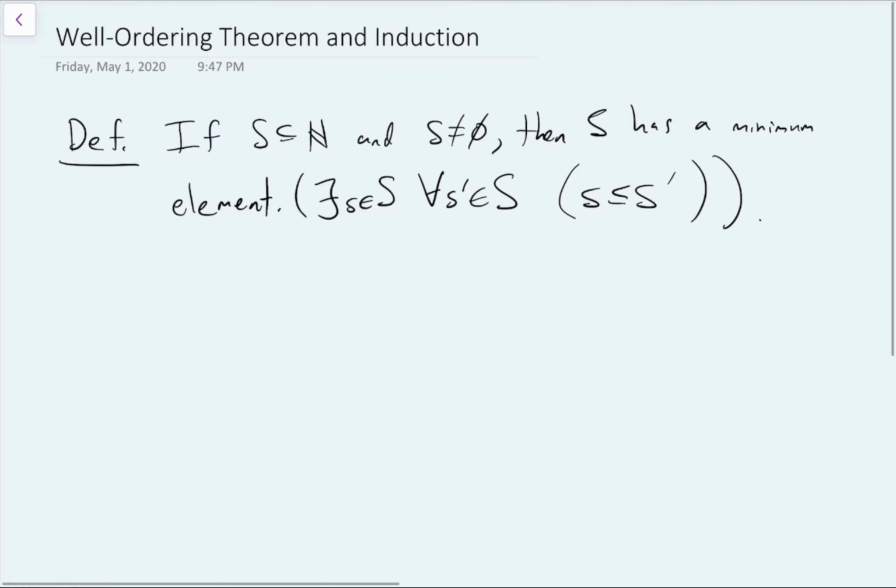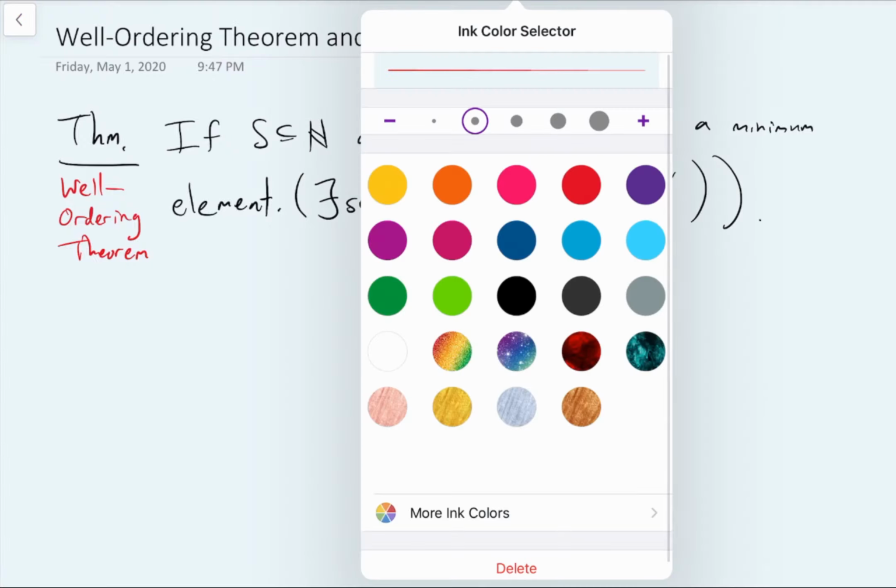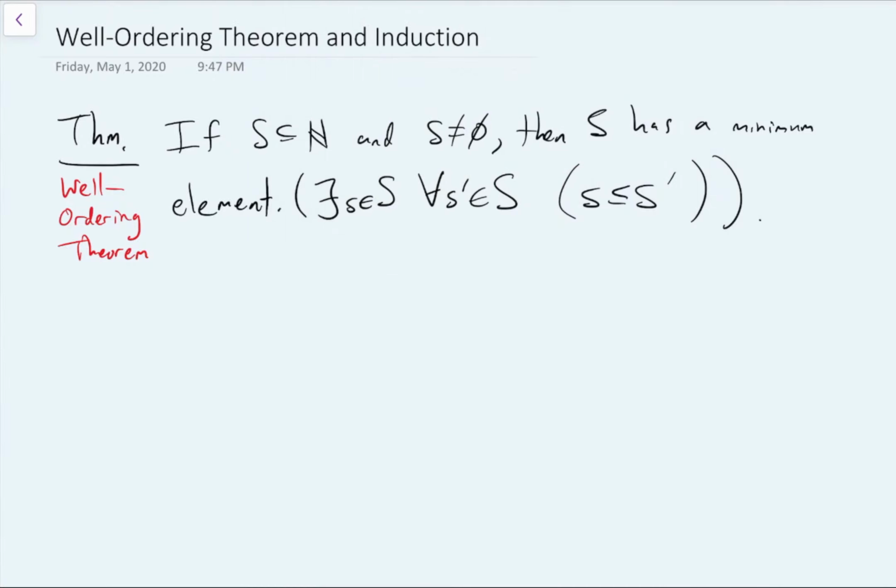Also, I wrote that down as a definition when it really should be a theorem. Okay, that's the well-ordering theorem. That's all it says: every non-empty set of natural numbers has a minimum element. So hopefully that's somewhat believable.